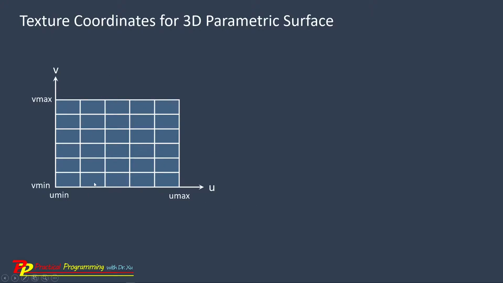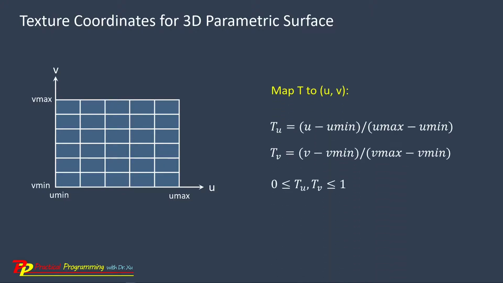U can take a value in the range from U minimum to U maximum. V can take a value from V minimum to V maximum. In this parametric space, we can easily map the texture coordinates to the UV variables with this relation.